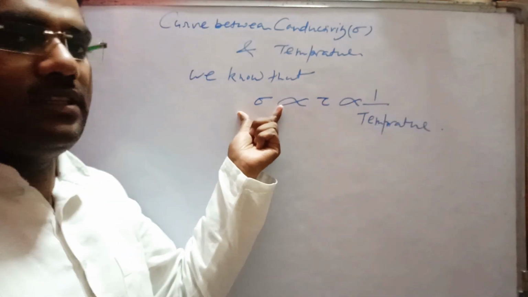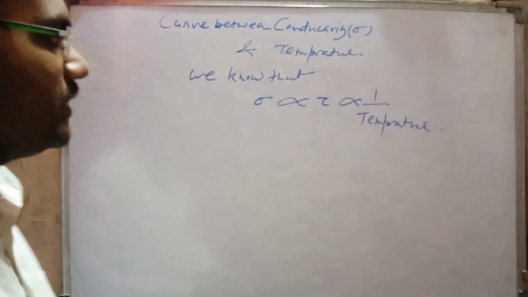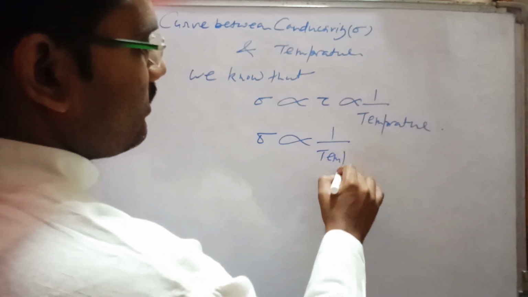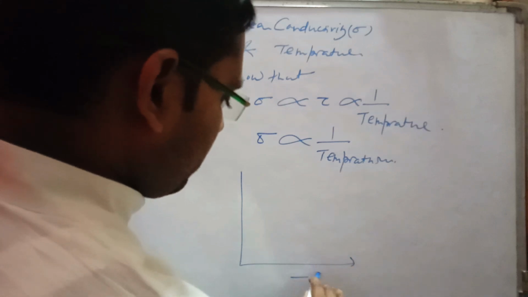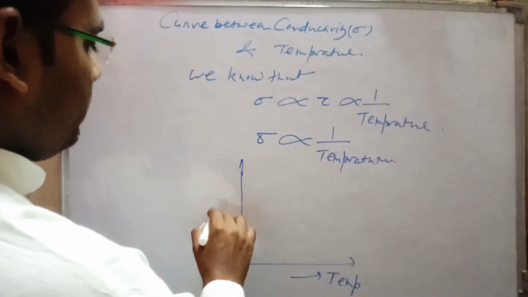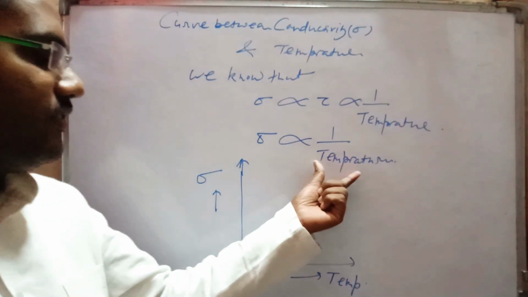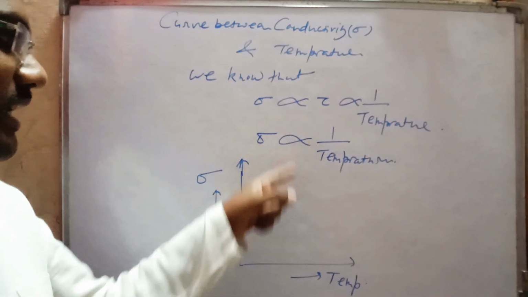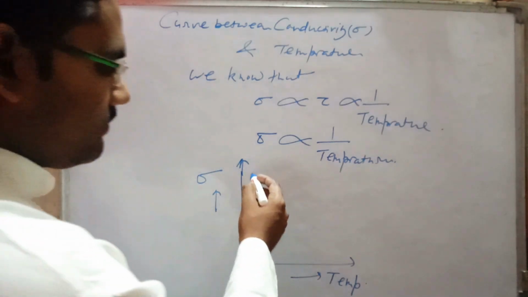That means conductivity is inversely proportional to temperature. Now here we take temperature on x-axis and conductivity on y-axis. If temperature continuously increases, then conductivity decreases. That means curve between conductivity and temperature is a hyperbola.